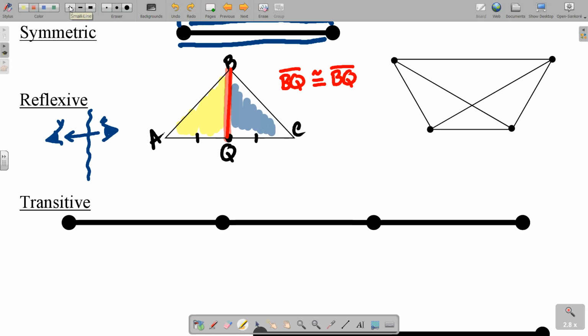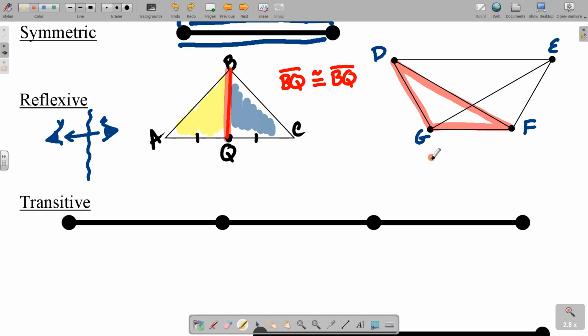Let me give you another example. Go ahead and label this D, E, F, G. We have two overlapping triangles here. Let's pull these triangles apart so that they are easy to see. You have this triangle.